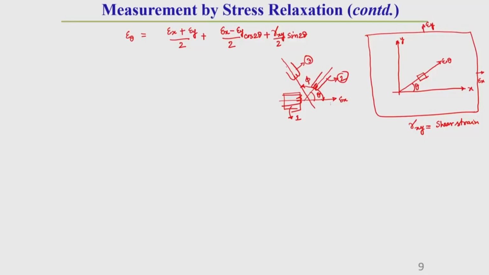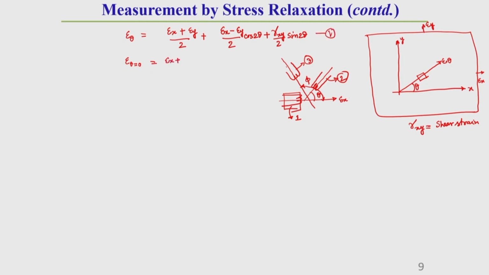We can easily measure epsilon x, because we get epsilon x when theta equals 0. Just put theta equal to 0 in equation 1.